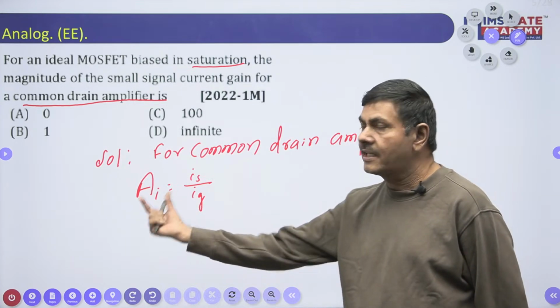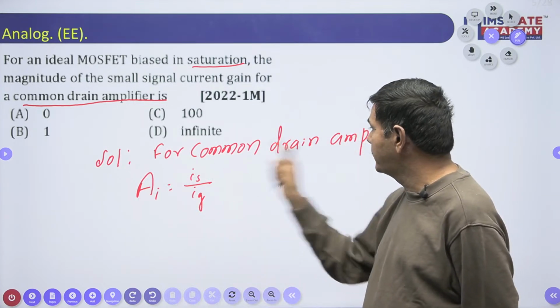That ratio is taken as the current gain for a common drain amplifier.